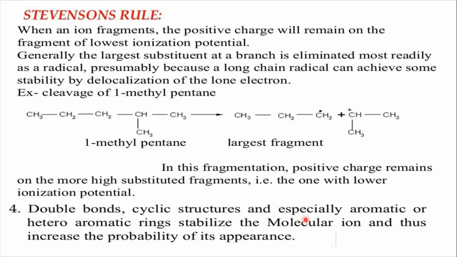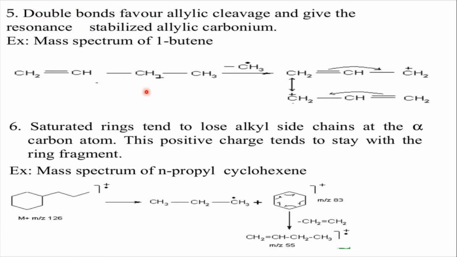Now the next one. Double bonds favor allylic cleavage and give a resonance stabilized allylic carbocation. Consider the example of 1-butene, having a carbon-carbon double bond. In this example, the cleavage occurs at this carbon atom, and we get the formation of CH2=CH-CH2+.